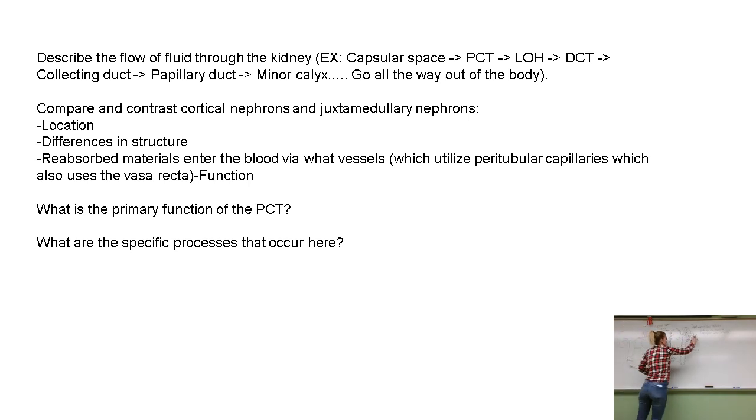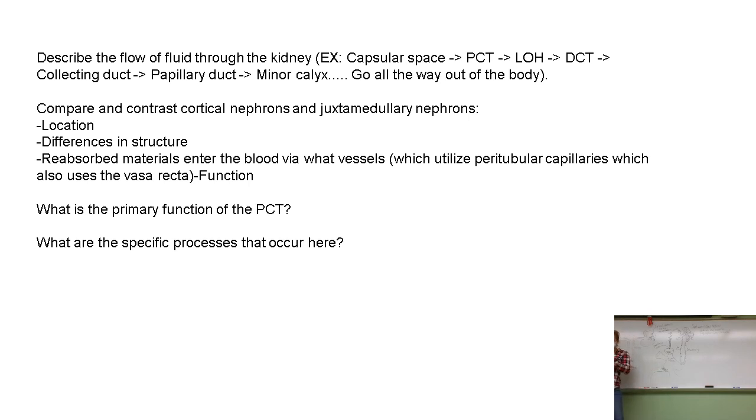Now again, each section has its own specific function. Off the top of your heads, what would you say the function of the nephron loop is? Perfect, to reabsorb water and salt. Because that's how we get the water, right? Water always follows sodium. Wherever sodium goes, water goes, just because of osmosis.